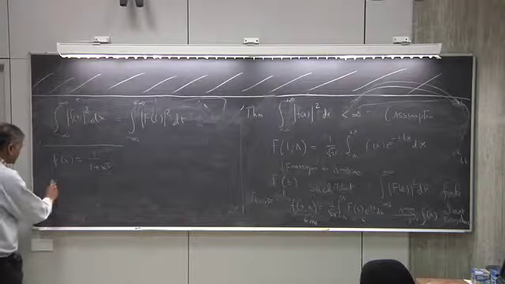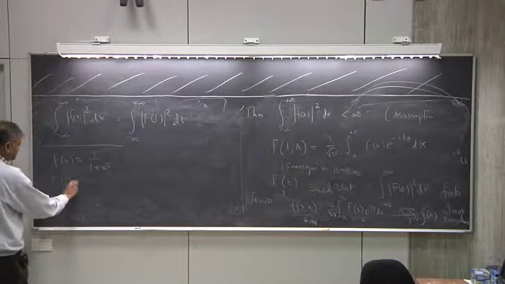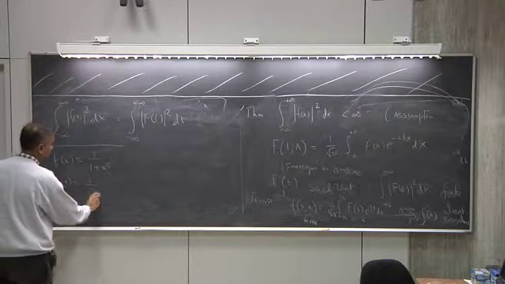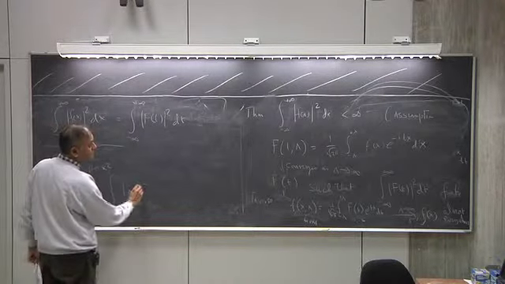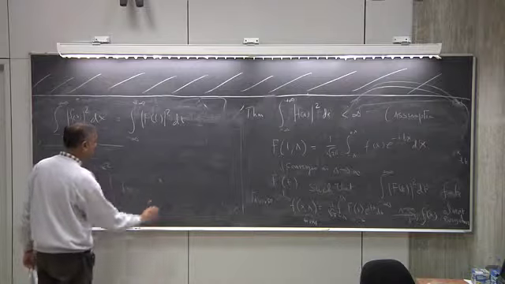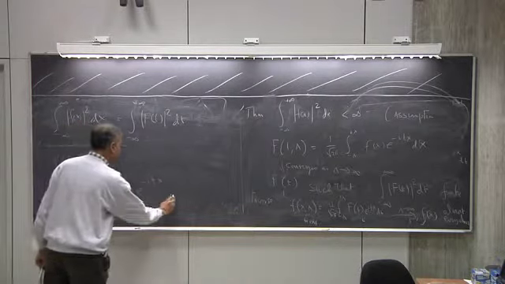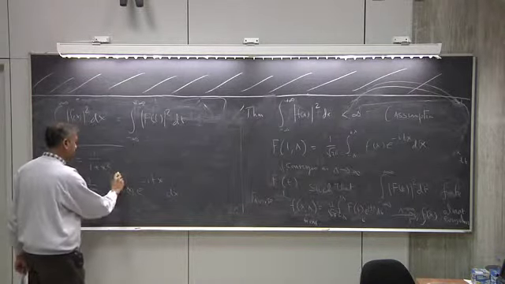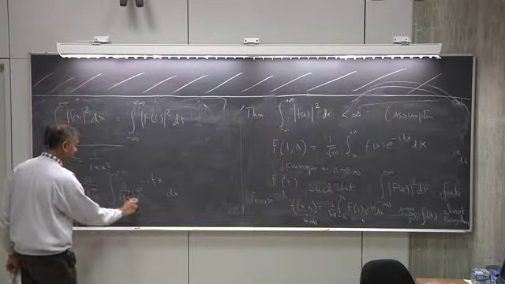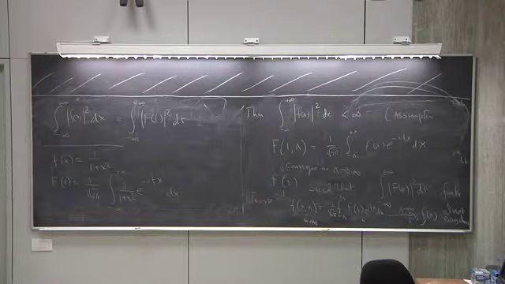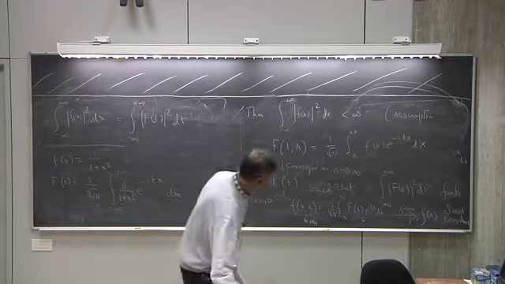Let's now compute capital F of t. This is 1 over root 2 pi, the integral of f of x e to the minus i p x dx from minus infinity to plus infinity, where f of x is 1 over 1 plus x squared. Again, we use the contour integral tricks.